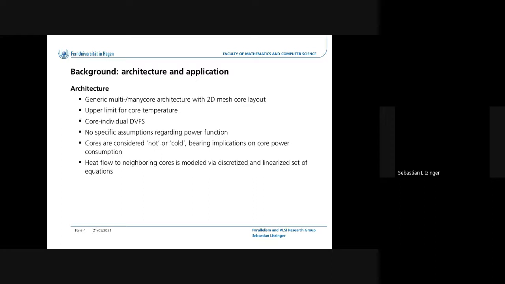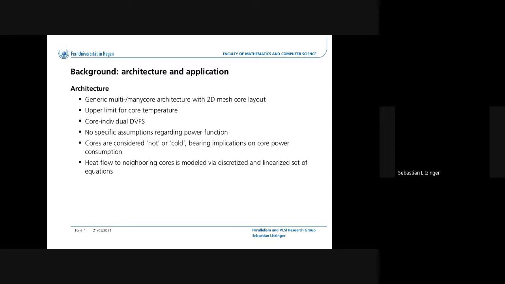Now, the architecture we have in mind is a generic multi-core system where the cores are placed in a 2D layout. We assume we have an upper limit for the core temperature, and we further assume that we can individually frequency scale each of the available cores.